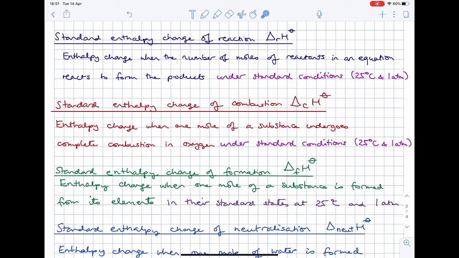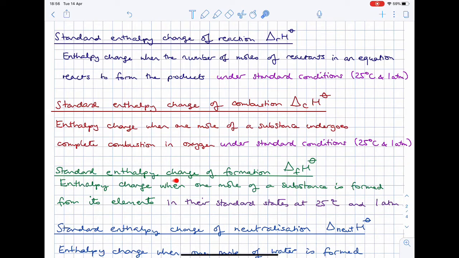If I have the standard enthalpy change of reaction, that would mean it's the enthalpy change when the number of moles of reactants in the equation reacts to form the products under standard conditions, which is 25 degrees C and 1 atmospheric pressure. Standard enthalpy change of combustion then would be the enthalpy change when 1 mole of a substance undergoes complete combustion in oxygen under standard conditions, which is 25 degrees C and 1 atmospheric pressure.